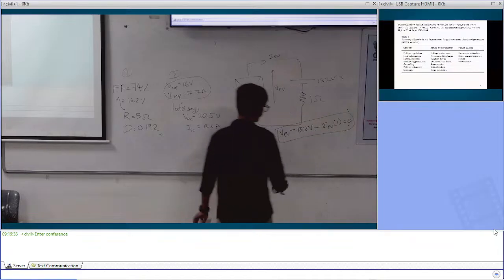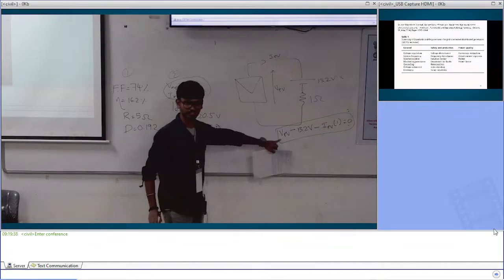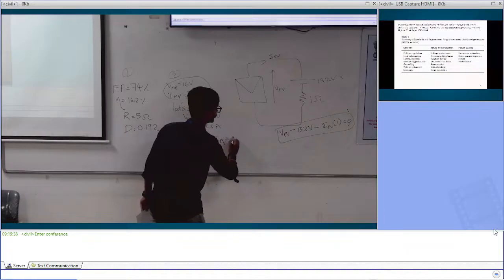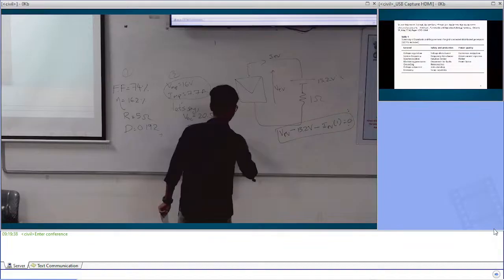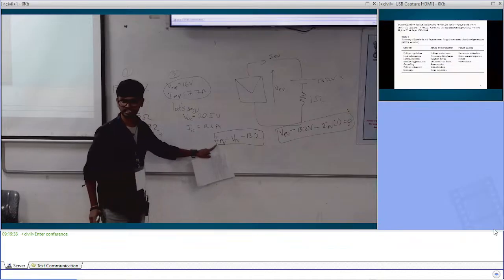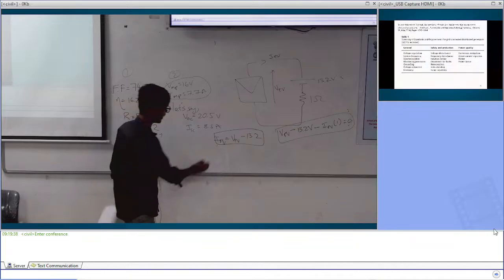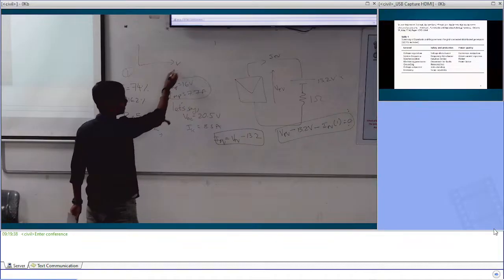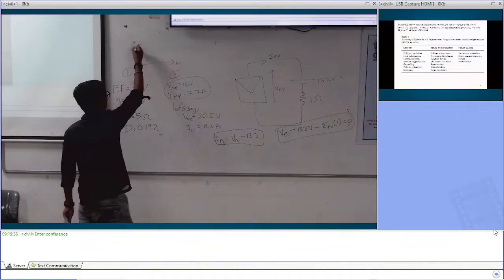Now we modify this equation in such a way. So this is the equation that we have got from the KVL. Now if you look at this in the IV characteristics, we have taken voltage as the x-axis and current as the y-axis.